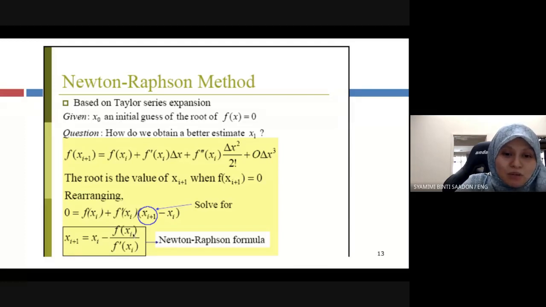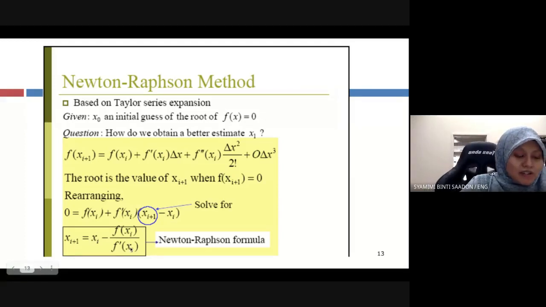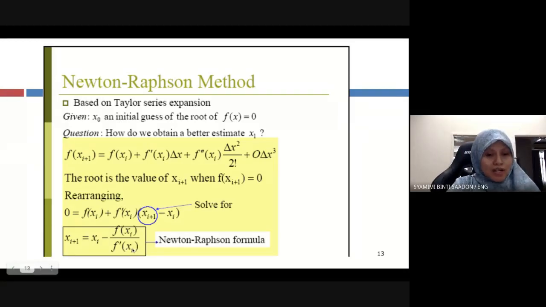So this value, the first round, will be 1 over the derivative. You differentiate and substitute with the value at 0 initially, and then calculate x1, the first round.